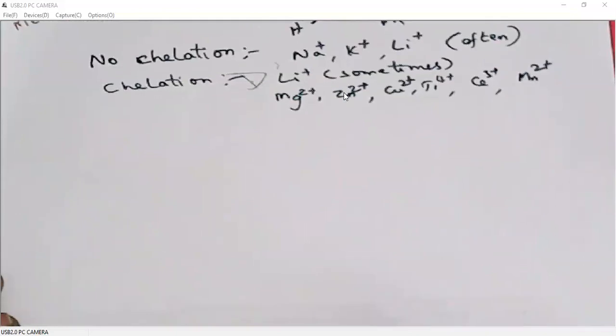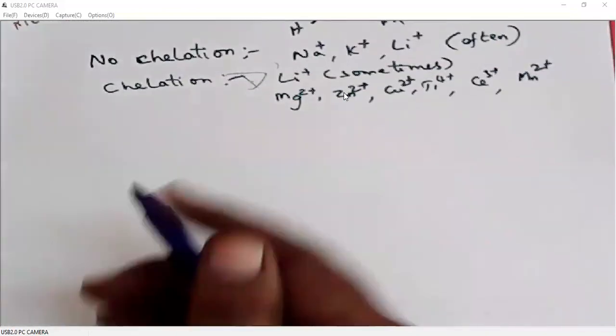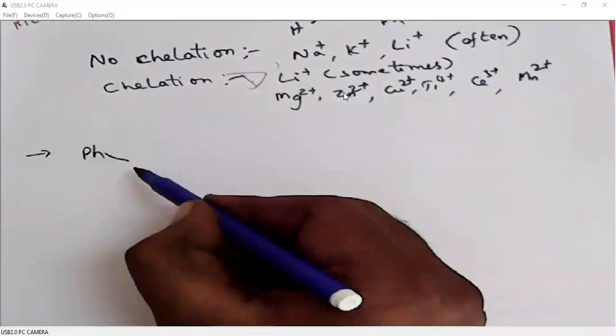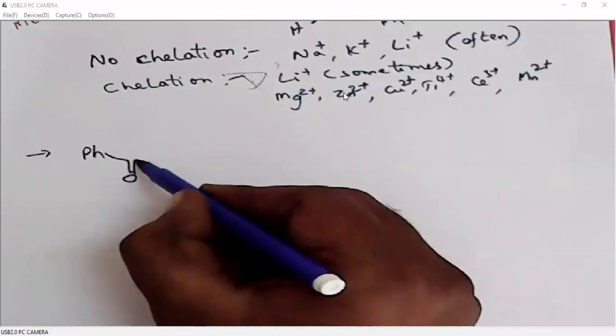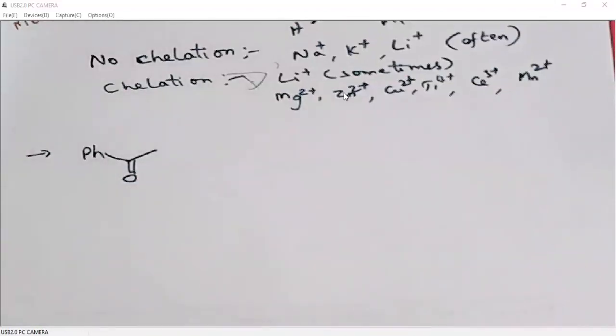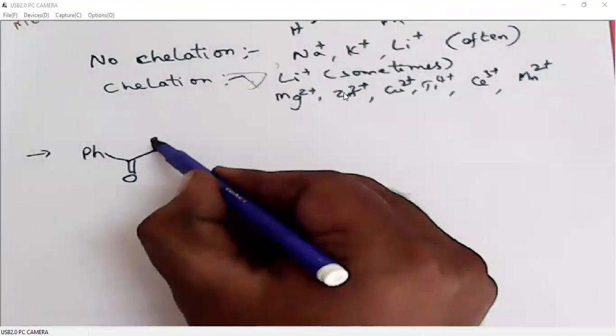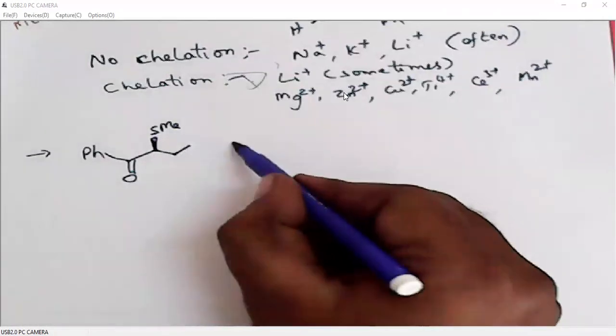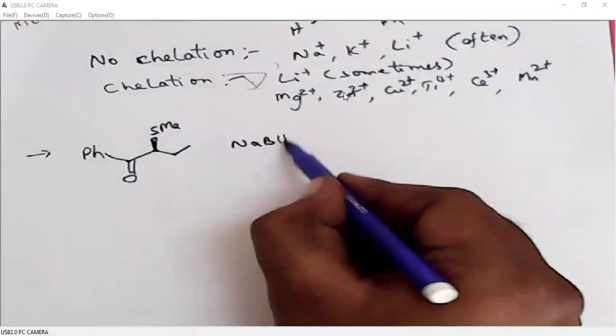I think you all have written up to that. I'll give two more examples for chelation. You practice them. Sulfur is a more electronegative atom, so it can be involved in chelation.